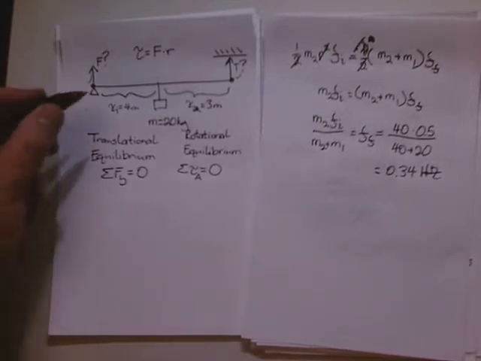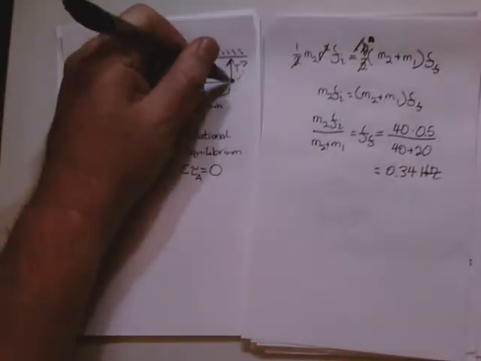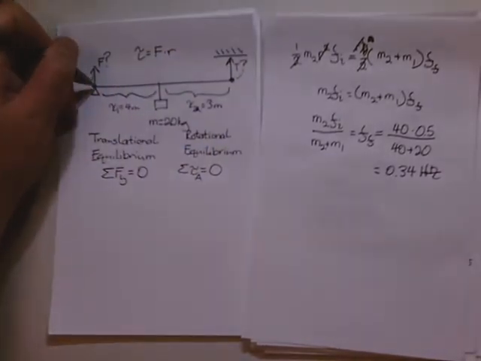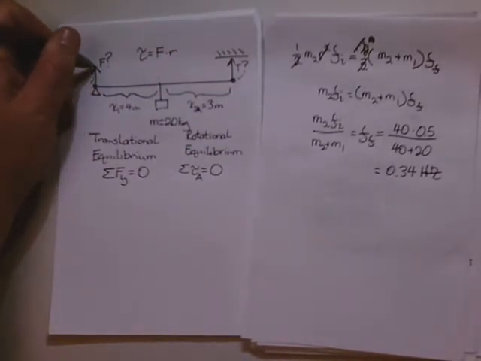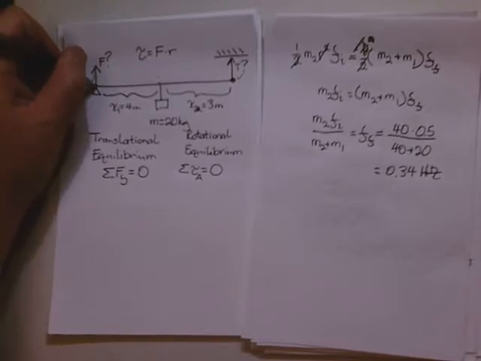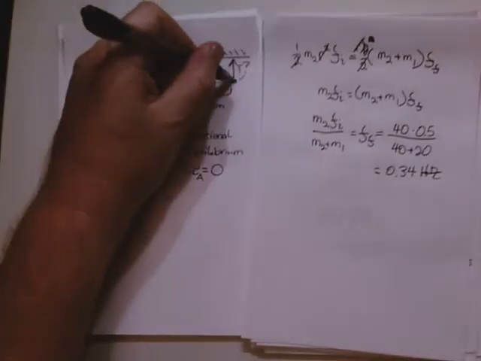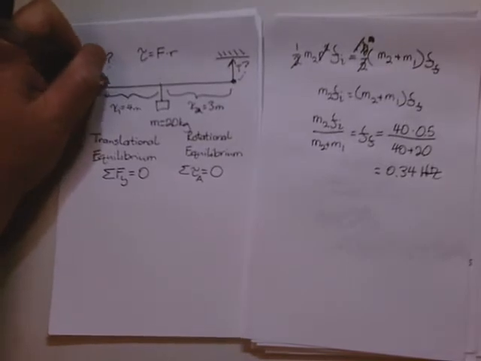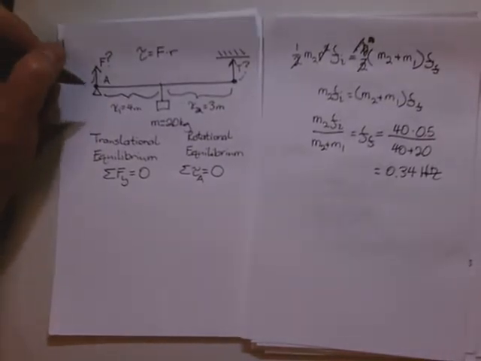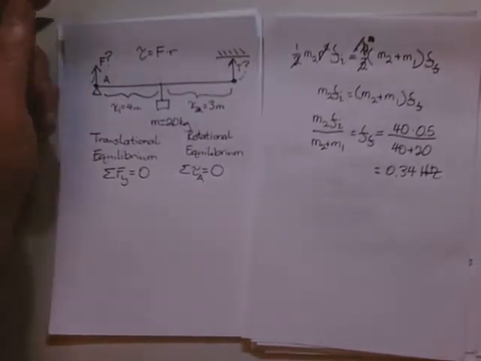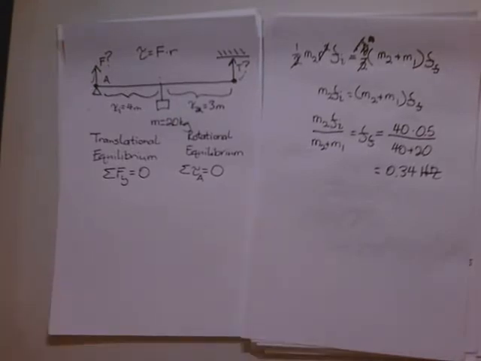The reason why I would pick either here or there is that the torque contribution here from F is 0, because the distance from F to the rotation point is 0. I'm going to pick here because it's typically the leftmost point that I normally go with. It's just tradition. You could do the other way, it doesn't matter.